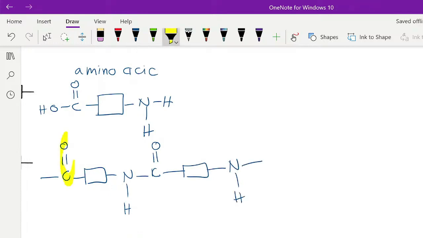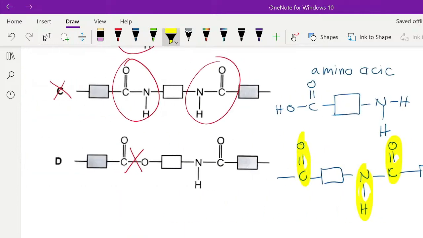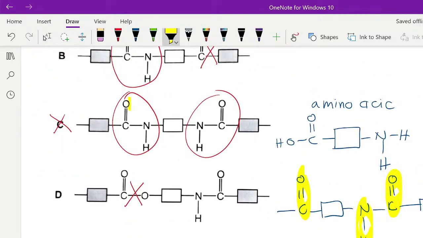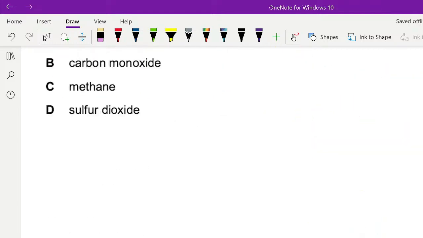So we have C double bond O and H, C double bond O and H, alternating. But in nylon, it's C double bond O and H, C double bond O, C double bond O, and H, like that. So you should know that if it's alternating, you're dealing with protein. If it's NH, CO, NH, you're dealing with nylon.